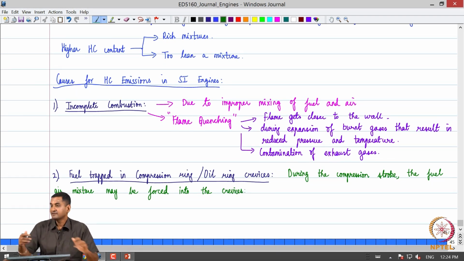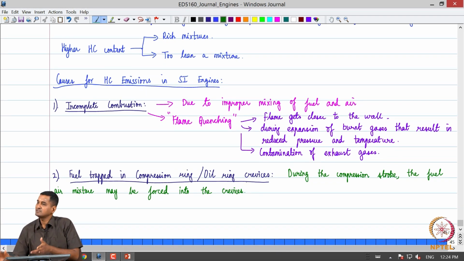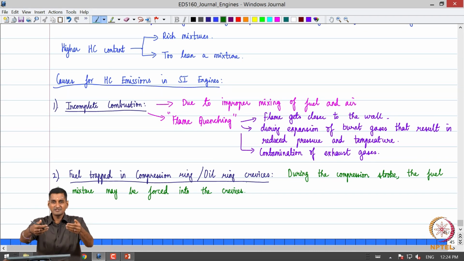Now when expansion happens, what is going to happen? The pressure in the cylinder drops, and then there is a pressure difference in the opposite direction, is it not? So this unburnt fuel air mixture captured in the crevices may come out, because now the pressure is lower in the cylinder.